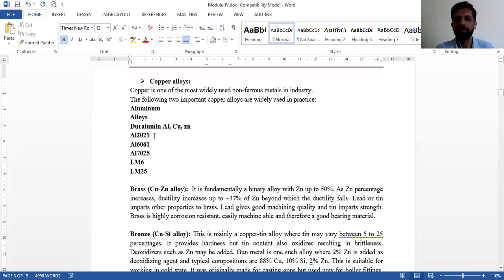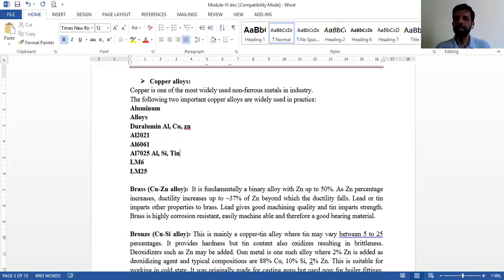Now if I take, for example, aluminium 6061 or 7025, it will have the major constituent as aluminium. After aluminium, the next major constituent will be zinc, and then a smaller quantity of, what can we say, tin. Tin can also be there.